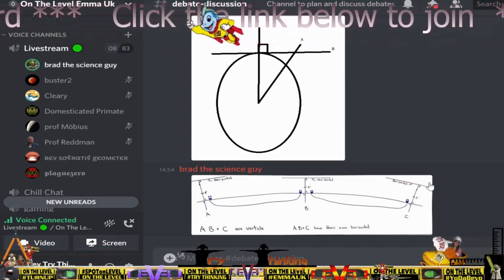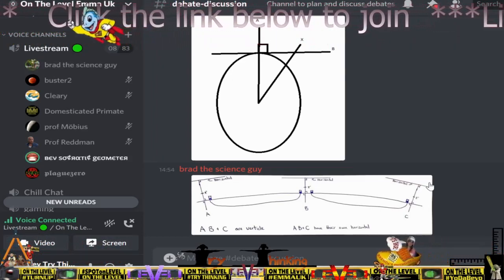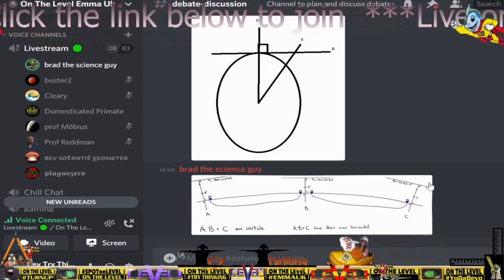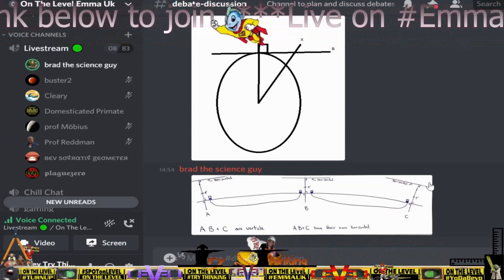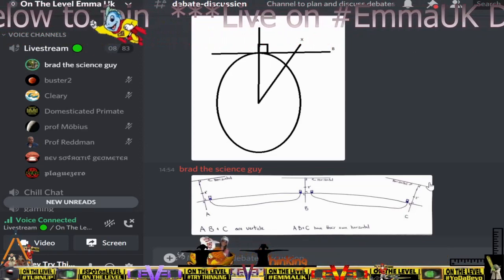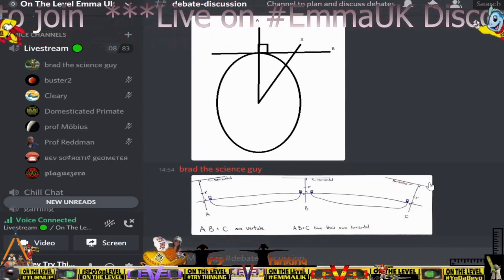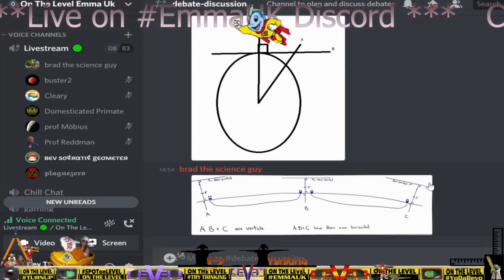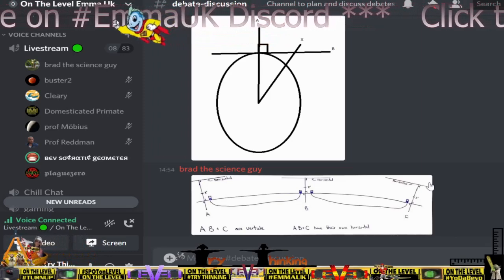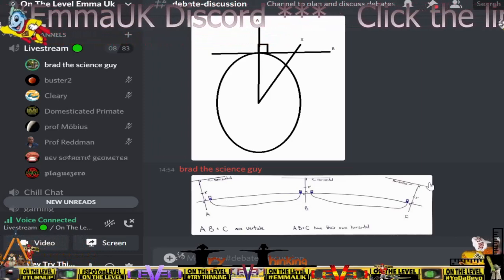Not really. A, B, and C are all vertical. See, on this drawing, I was trying to tell you, let's say you were going to make a horizontal line at A. Your surveyors were going to map out or plot out a horizontal line at A. Yeah, you see, you've written that out like you're speaking. Yeah, true.